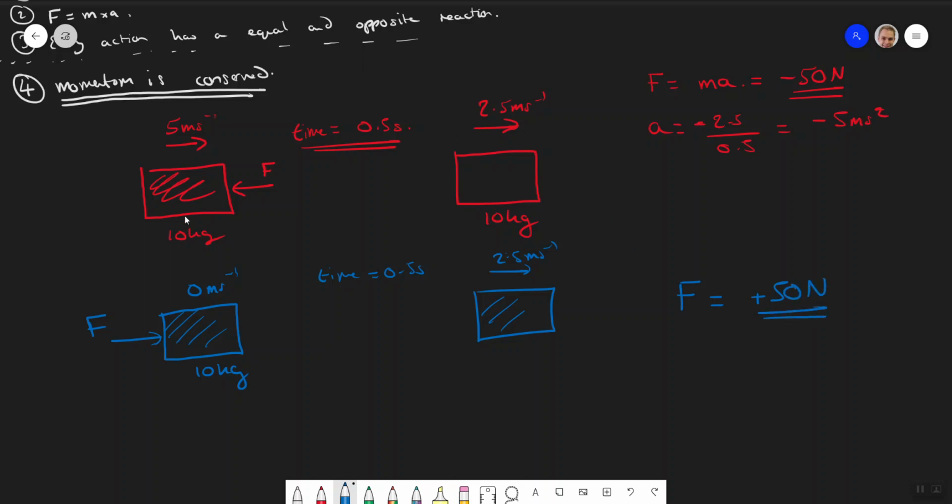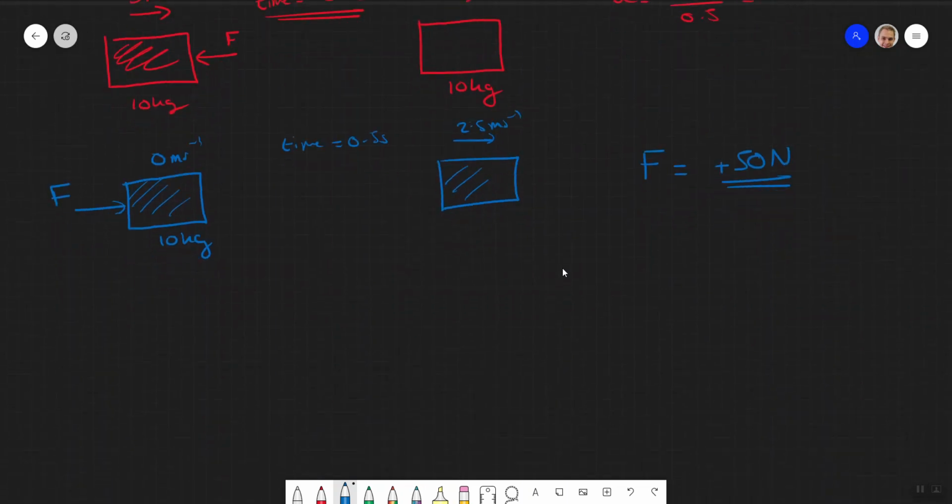The time scale of them both is equal, so that force is just opposite to that force: one's going that way with 50, the other's going that way with 50. So far, so straightforward.